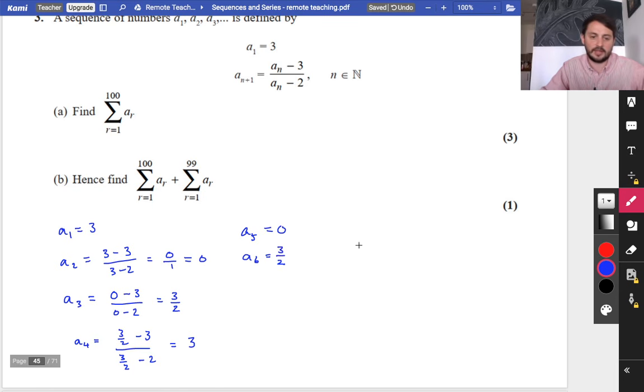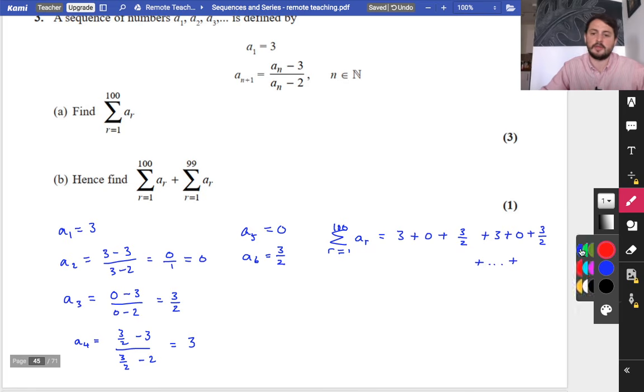So it looks like this series from r equals 1 to 100 of ar, you notice we've done a lot of substitution. This is where loads of the marks are going to be. It's just going to be equal to 3 plus 0 plus 3 over 2 plus 3 plus 0 plus 3 over 2 plus, and that's going to keep going, okay?